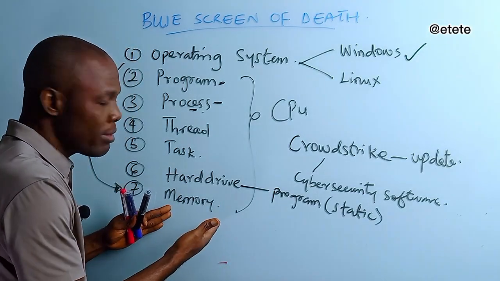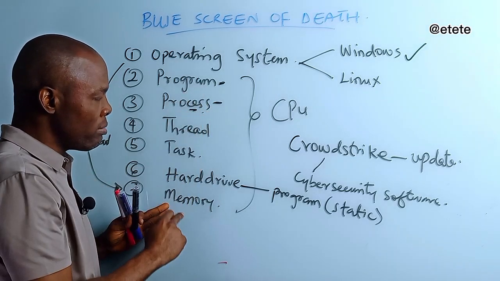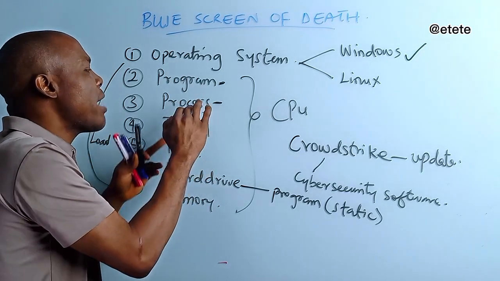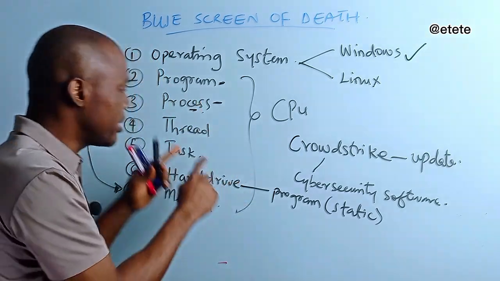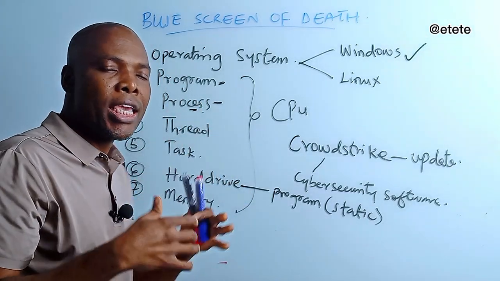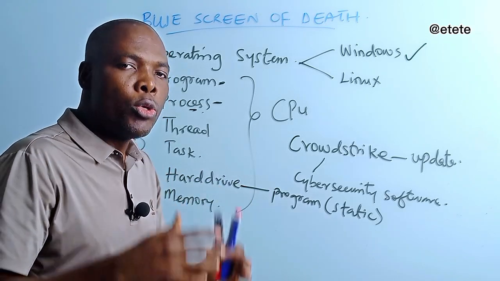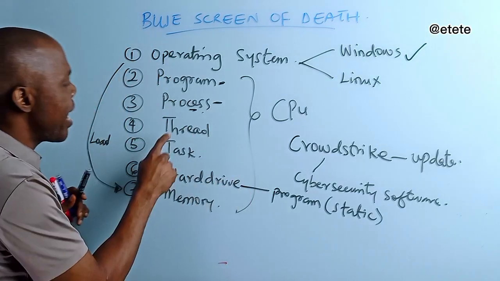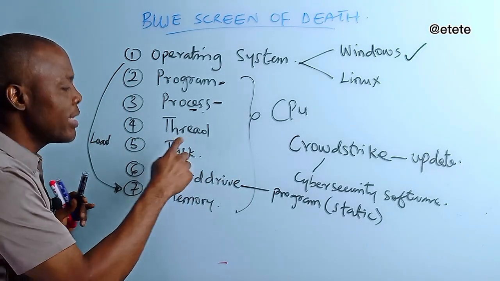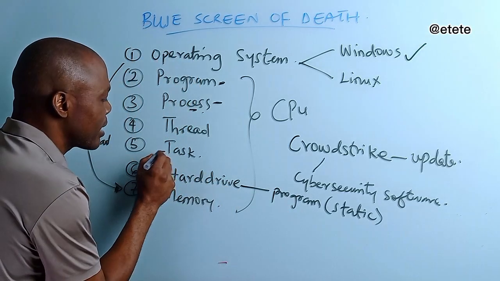Now, this process must have at least one thread, which is the main thread. It's like saying a community that wants to build a community center. You need people that will build that community center. Those people are known as the thread, right? The task of building that community center is the task.